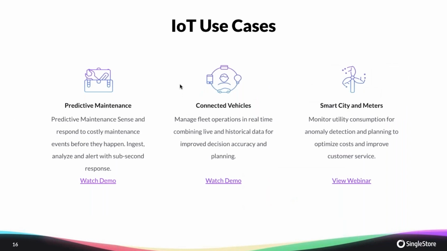So we talk a lot about IoT and being the ideal engine underneath usage cases like predictive maintenance, like connected vehicles, and like smart city. You all have this deck, so you will be able to click on the links to watch more about how we're powering IoT usage cases.